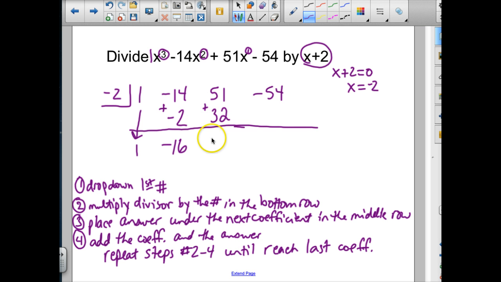Add those two together. We get 83. Go back to step 2. Negative 2 times 83, negative 166. Add those two together. They're both negative, so we get negative 220. The last number is your remainder.